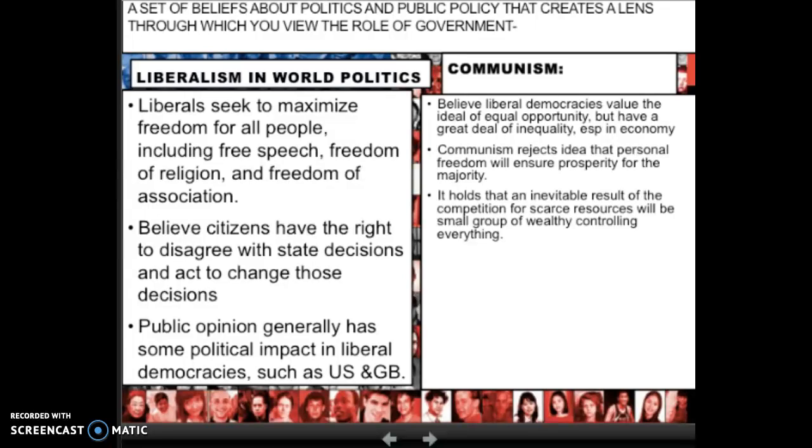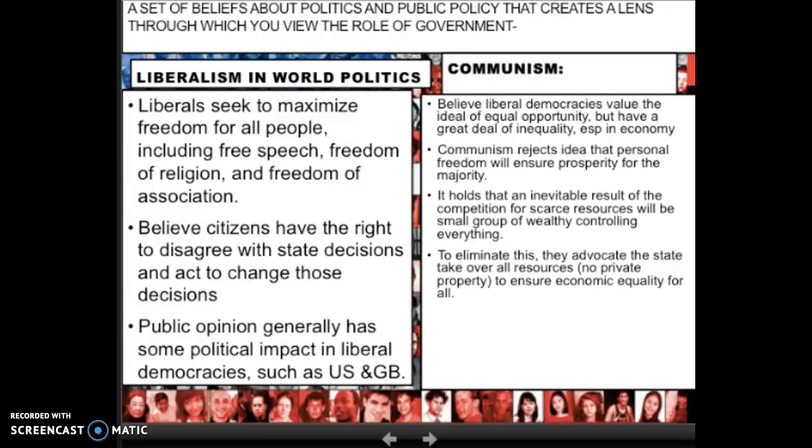So the way that communism seeks to rectify that situation is that communists believe that the best way to make everything more equal is to eliminate this competition of resources, to eliminate the freedom of personal choice, especially of the consumer and the business operator.